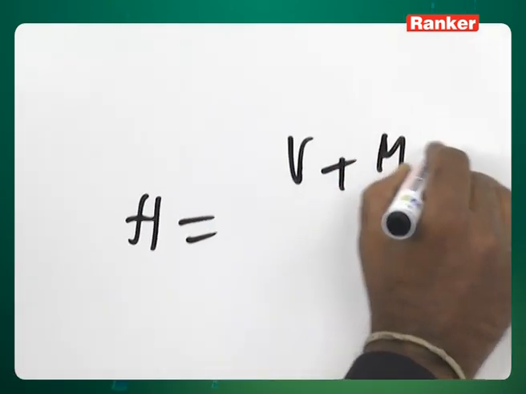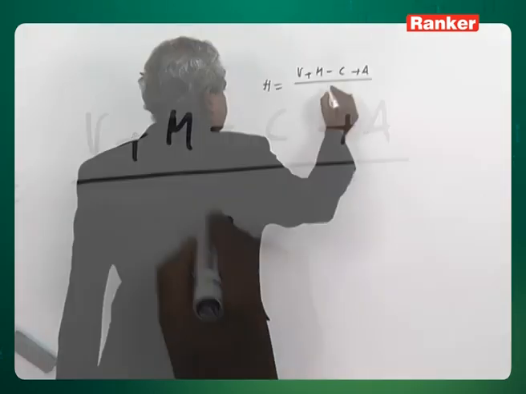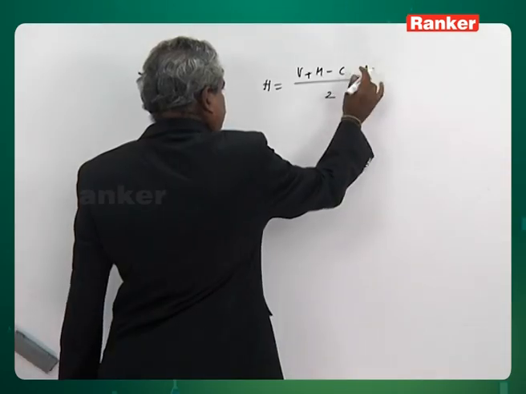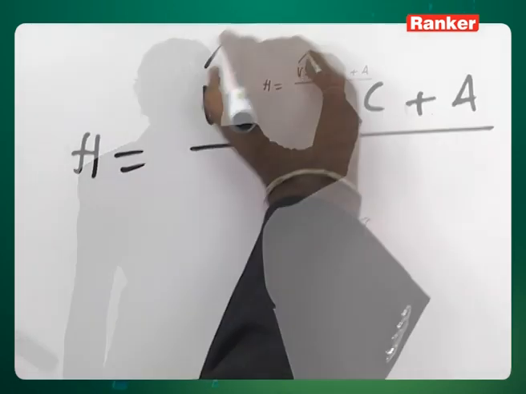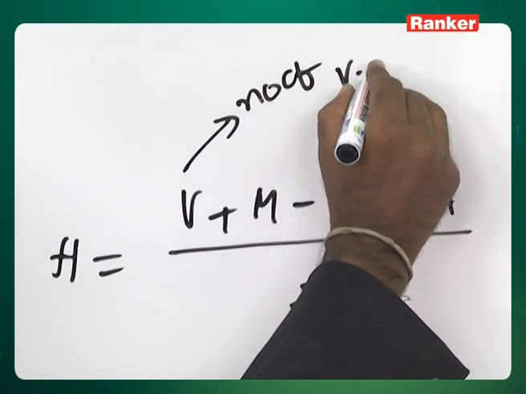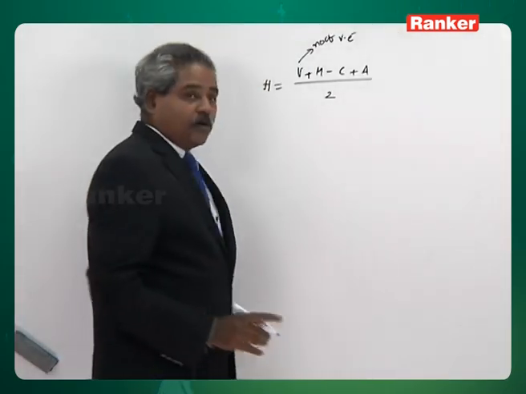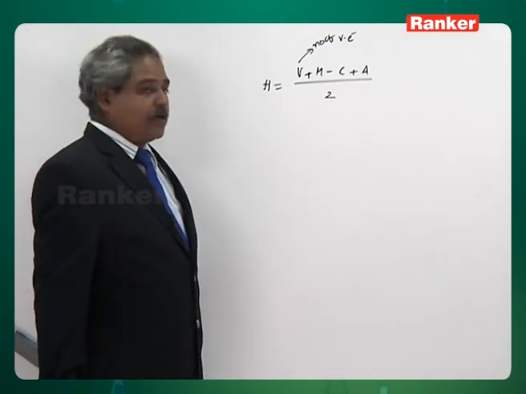V plus M minus C plus A by 2. V is the number of valence electrons of the central atom. I am only reminding you; we have discussed this in chemical bonding.